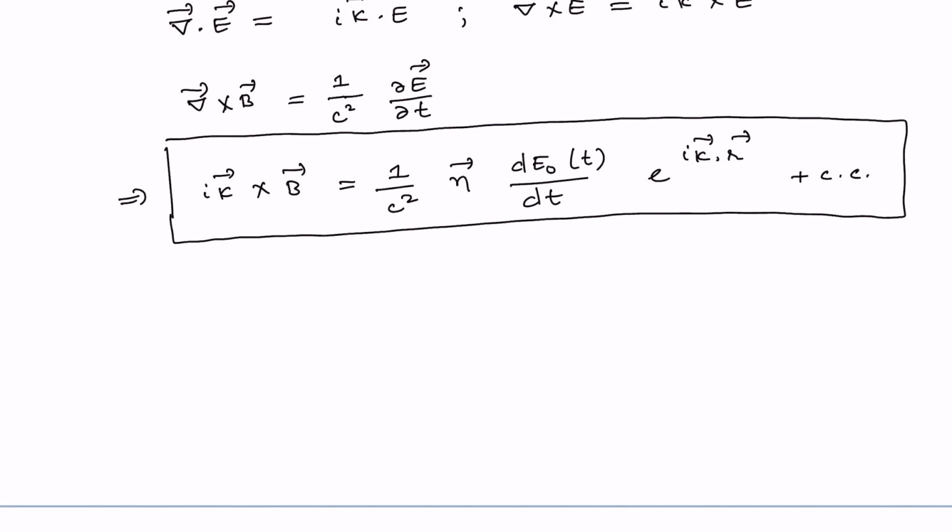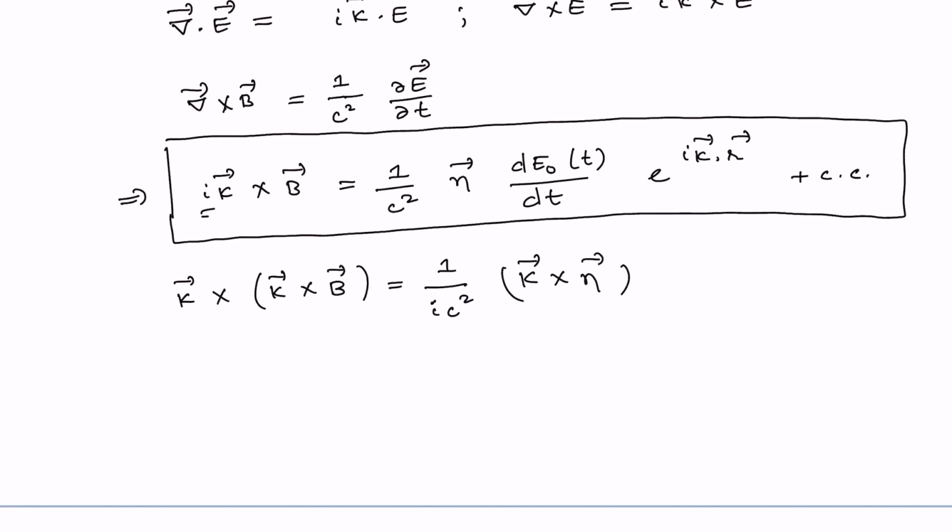What we are going to do now is take the cross product on both sides of this equation with k. On the right hand side I take the i to the other side, so I have 1 by i c squared k cross eta dE0 dt e to the power i k dot r plus complex conjugate.